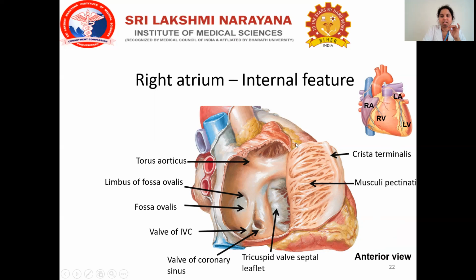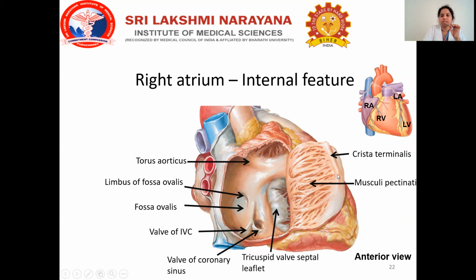Anterior features are rough, formed by the primitive atrium. The posterior aspect of the right atrium presents smooth features, which are formed by absorption of the venous valve. The rough portion presents a linear elevation called crista terminalis.